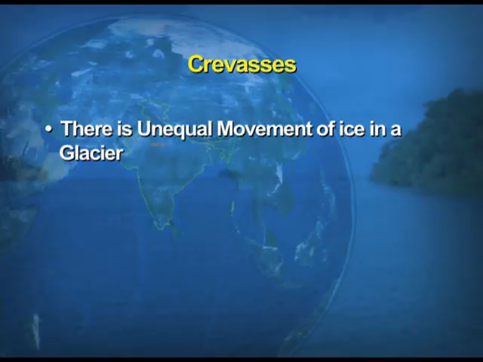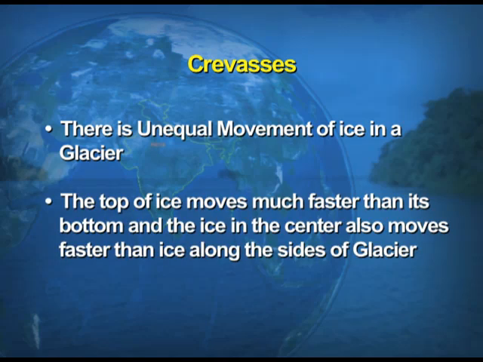There is unequal movement of ice in a glacier. The top of the ice moves much faster than its bottom, and the ice in the center also moves faster than the ice along the sides of the glacier.